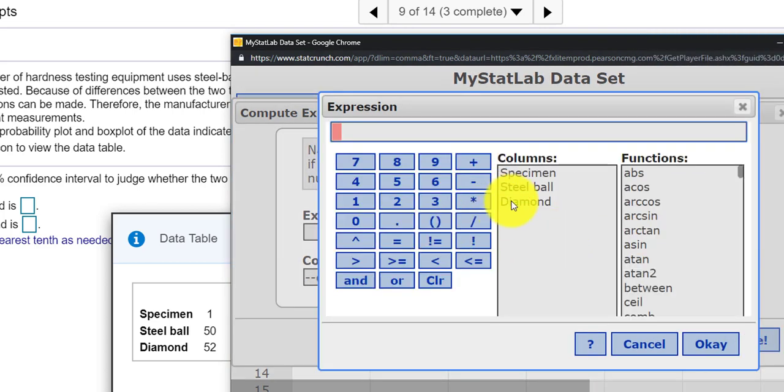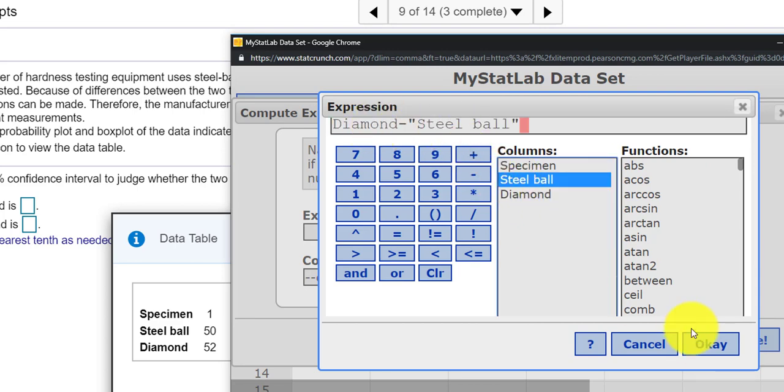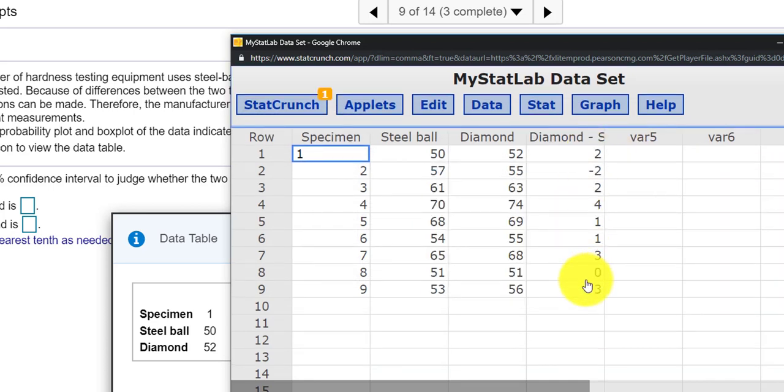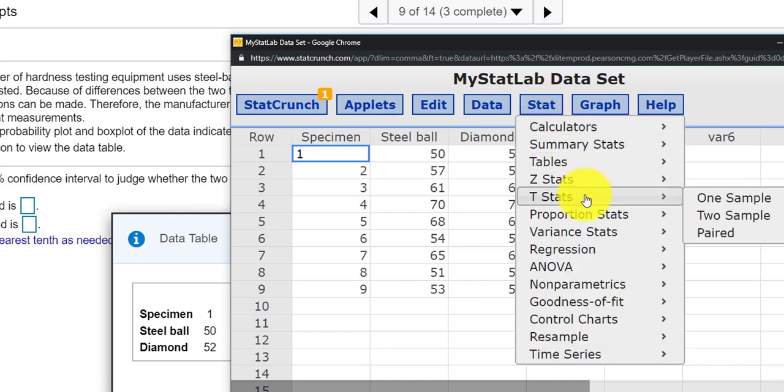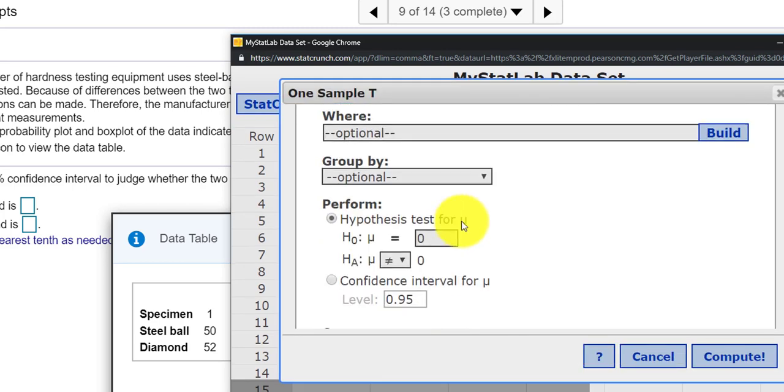Build, diamond minus steel. Okay, compute. There's my diamond minus my steel. Now let's create the confidence interval. We do stat, t-stats, one sample with data, diamond minus steel.